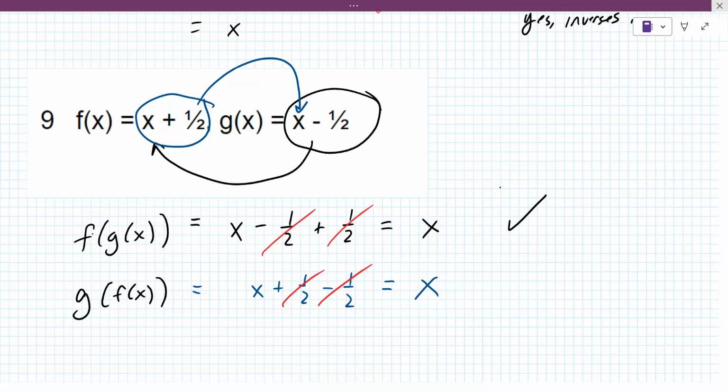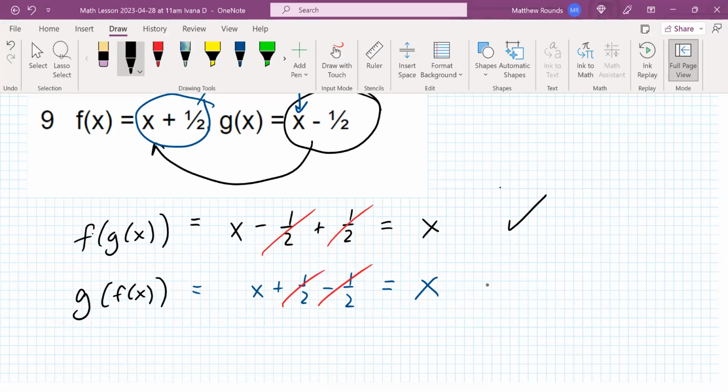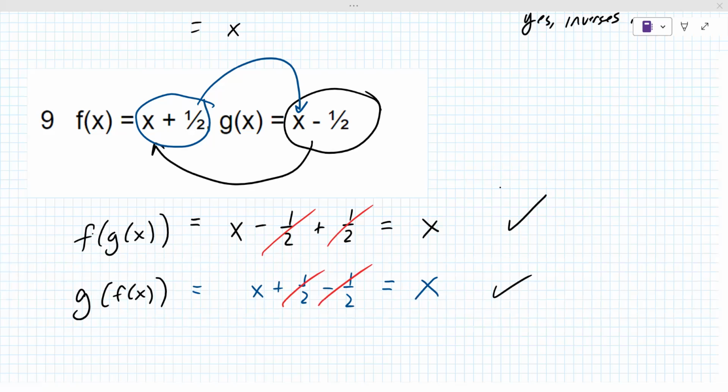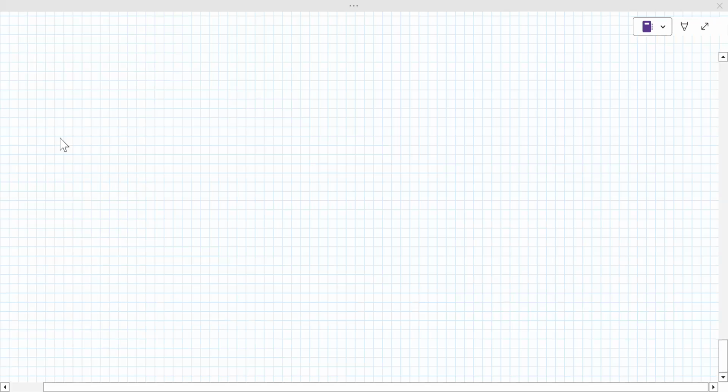So that's also, yes. Now, does this always work? No, it does not always work, but it's good to do problems that do work so you can see the process. But no, it would be a mistake to think that you can always do it this way. And it works.